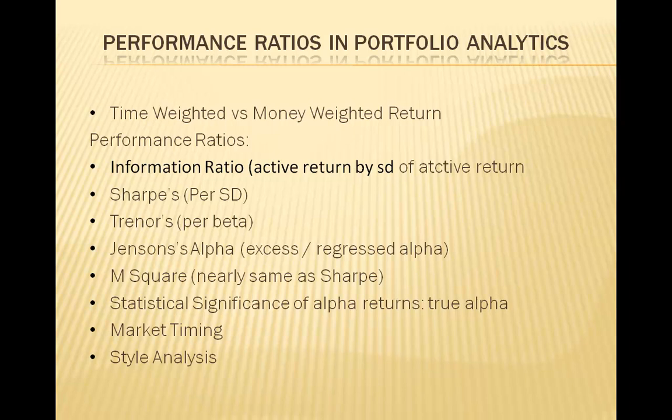Now when we move to the next topic, which is the significance of alpha, we are looking at whether this alpha is significantly different from zero, and to do that we divide it by the volatility, but we take the standard error of the estimate, so we divide the volatility by root n, which is the number of observations.